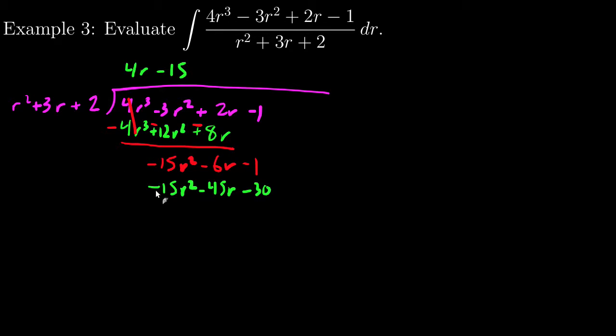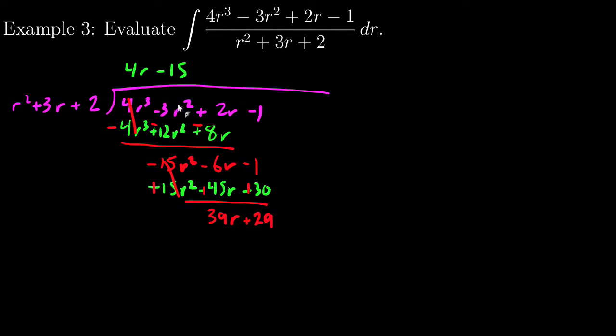And I subtract, so that means this is going to be addition, addition, and addition. Those cancel. And I'm left with, let's see, that's going to be 39r plus 29. And so I can do this. I can rewrite this here as the following integral.